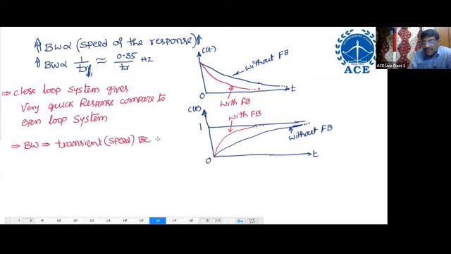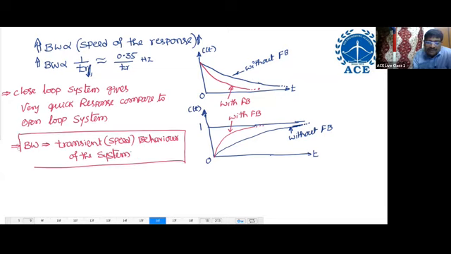Remember, bandwidth represents the transient behavior of the system, that means the speed of the system.